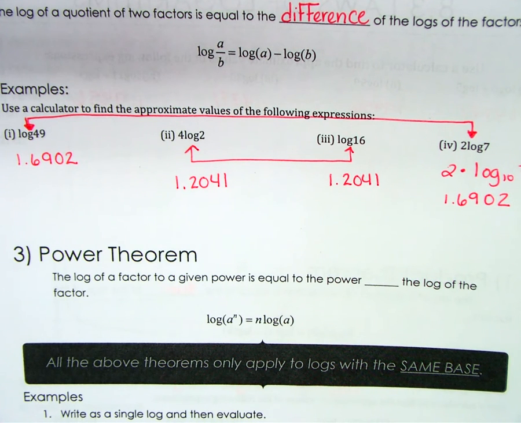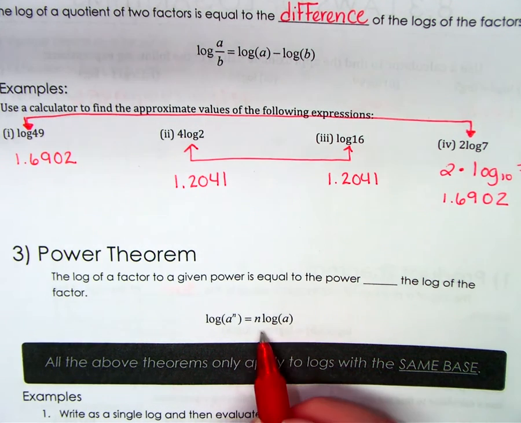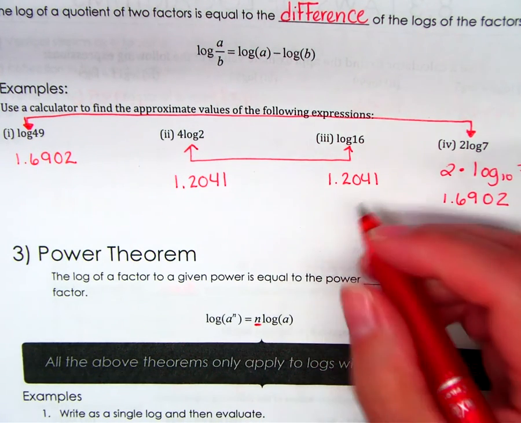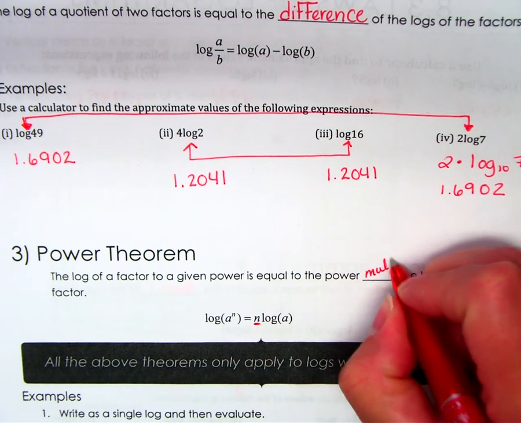Okay, so the log of a factor to a given power is equal to the power. What are we doing with the power? What's happening here? The exponent comes off here and we multiply it by the log.